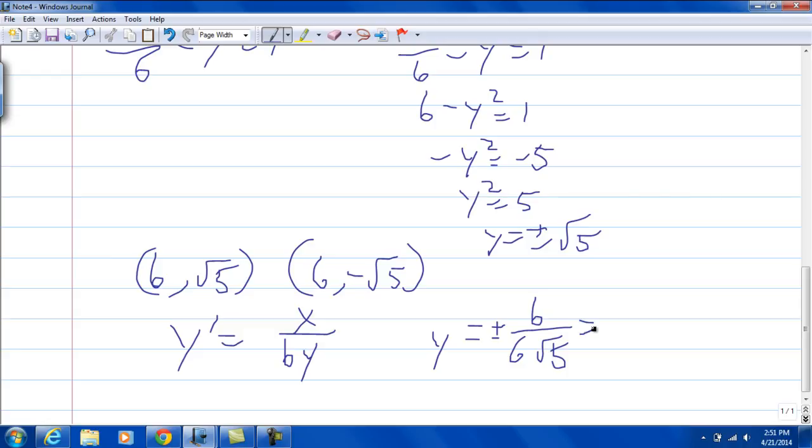The 6's divide out, giving plus or minus 1 over the square root of 5, which is plus or minus the square root of 5 over 5.